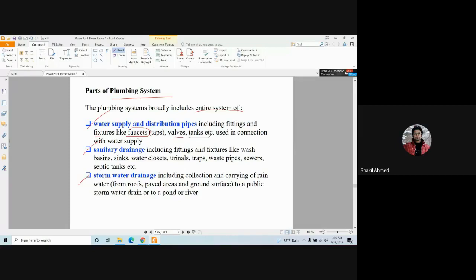Valves, tanks, and sanitary drainage include fittings, fixtures, wash basins, sinks, water closets, urinals, traps, waste pipes, sewers, septic tanks, etc. And stormwater drainage includes the collection and carrying of rainwater to a public stormwater drain or to a pond or river. So these are all parts of the plumbing system.